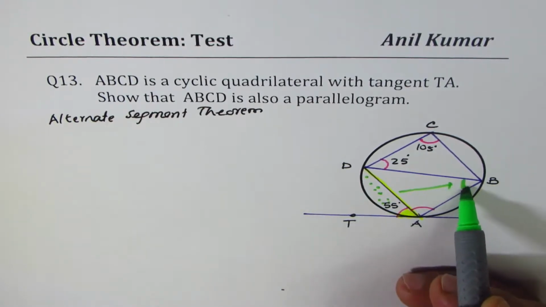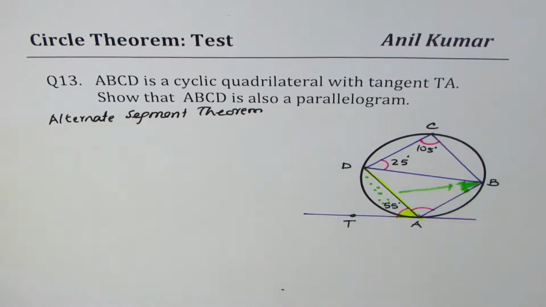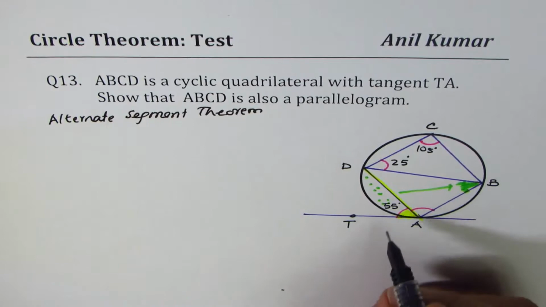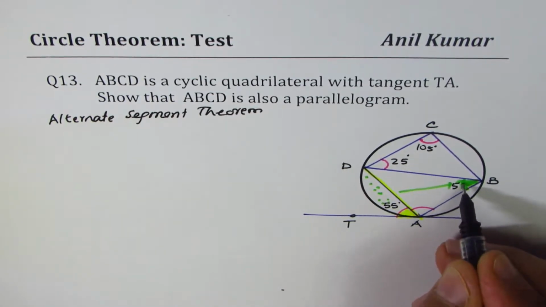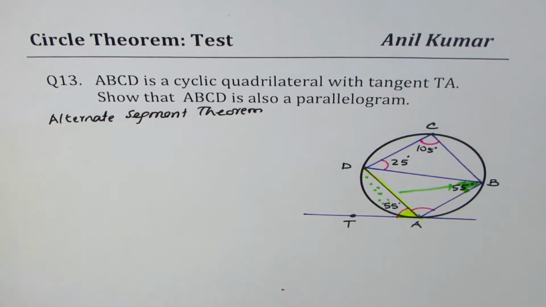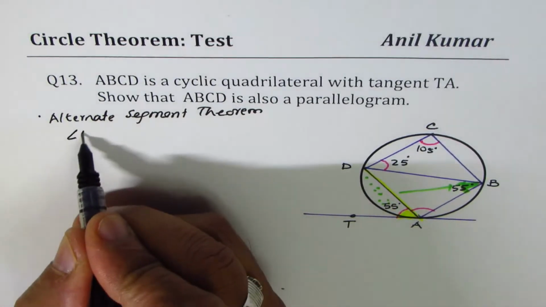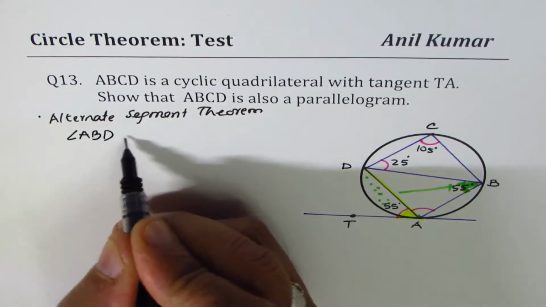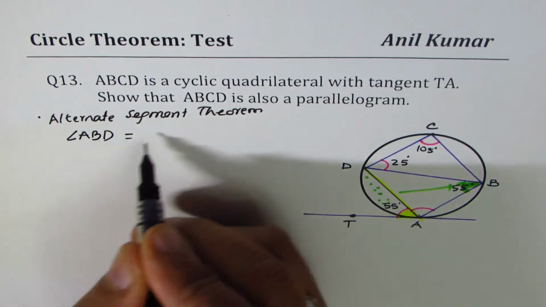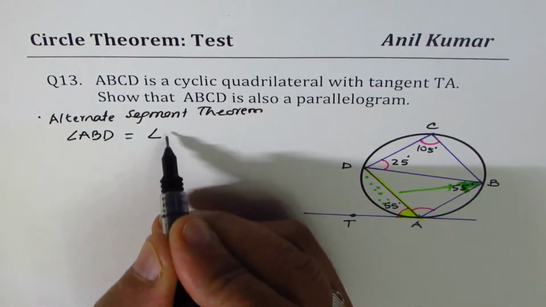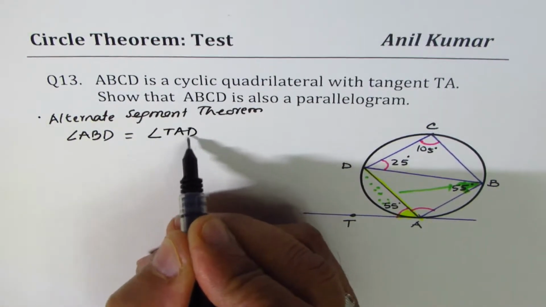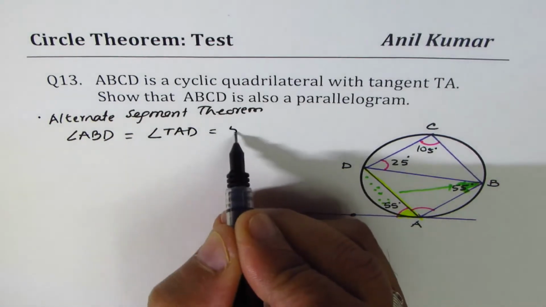So that is this angle, right? The angle which I have highlighted is also equal to 55 degrees. So that is how we get the angle ABD. Angle ABD is equal to angle TAD, which is 55 degrees.